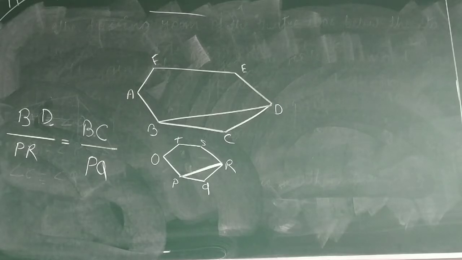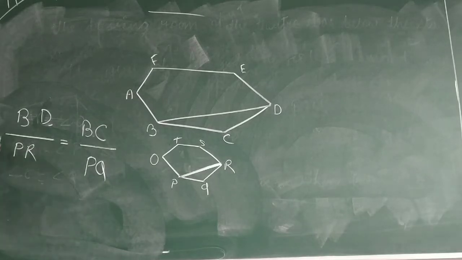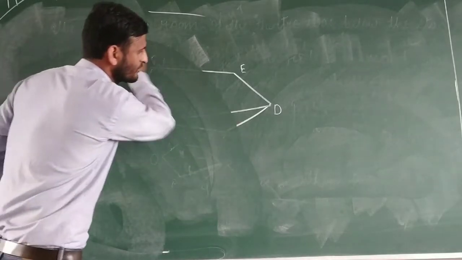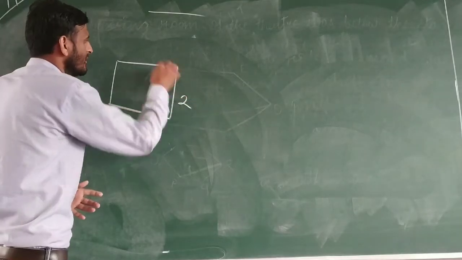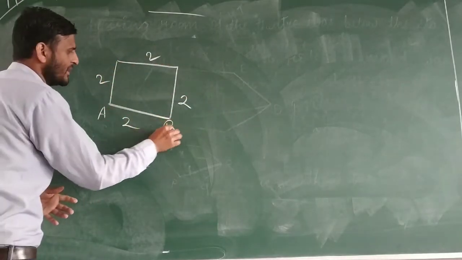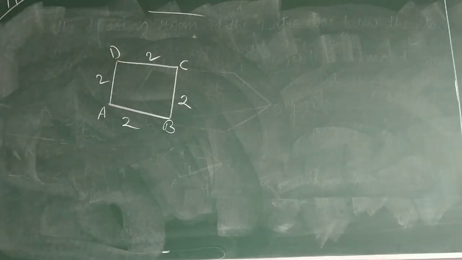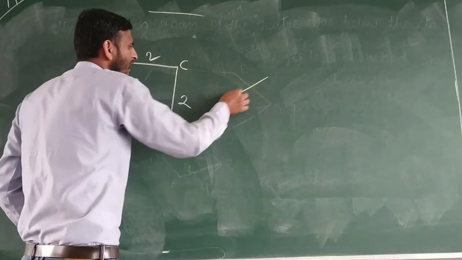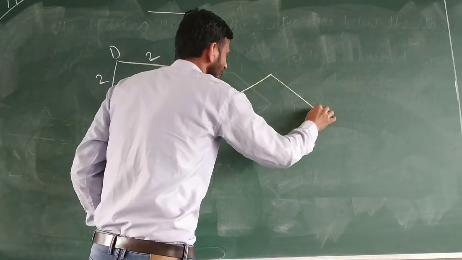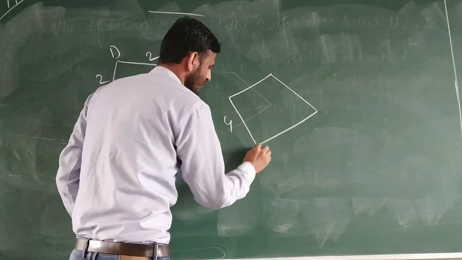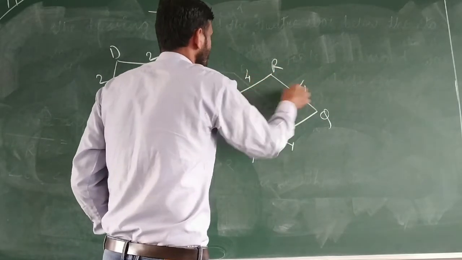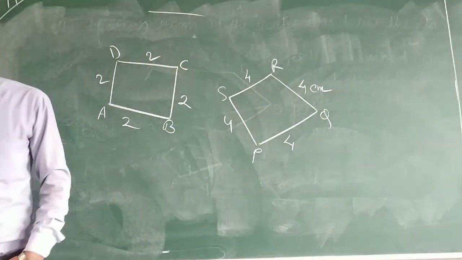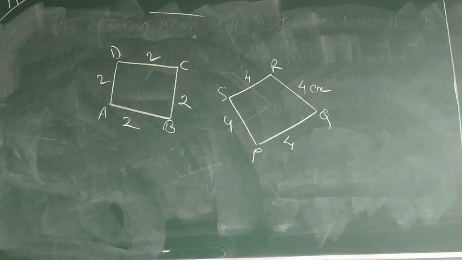Now come to another figure. Suppose I have a square ABCD of 2 centimeter, and let us take a rhombus PQRS of 4 centimeter, because in a rhombus all 4 sides are equal, and in a square all 4 sides are equal.